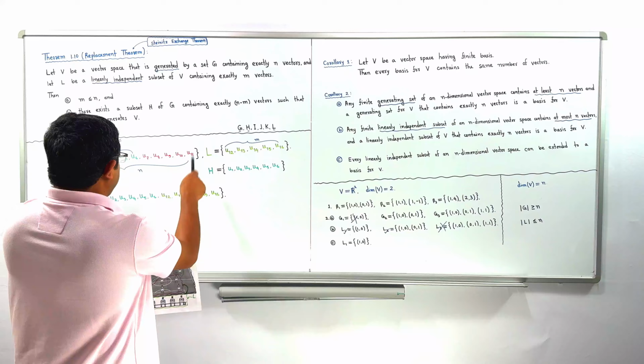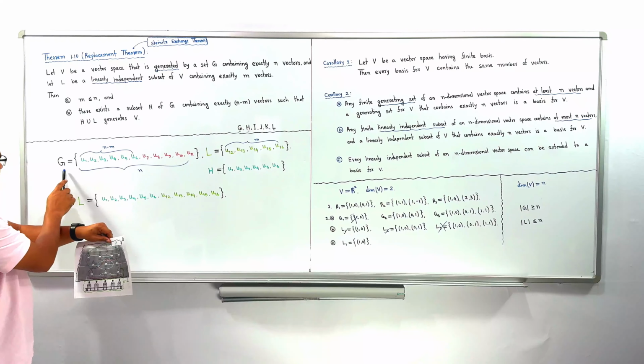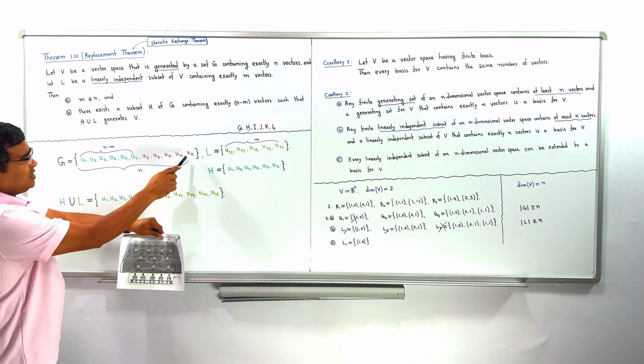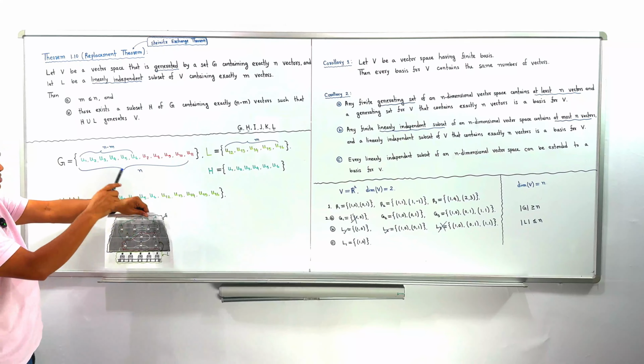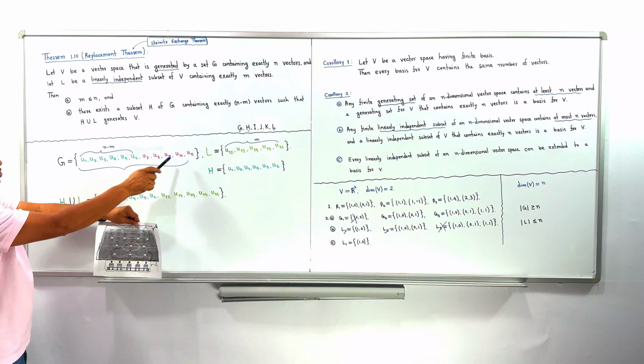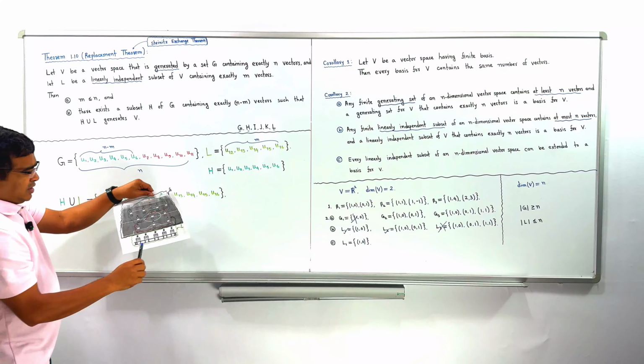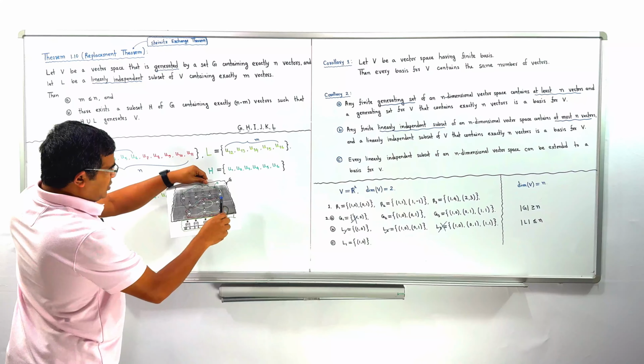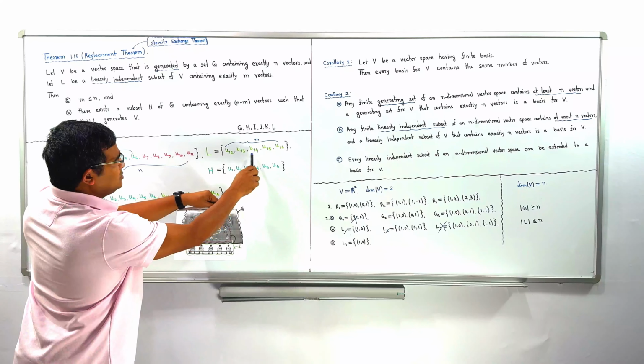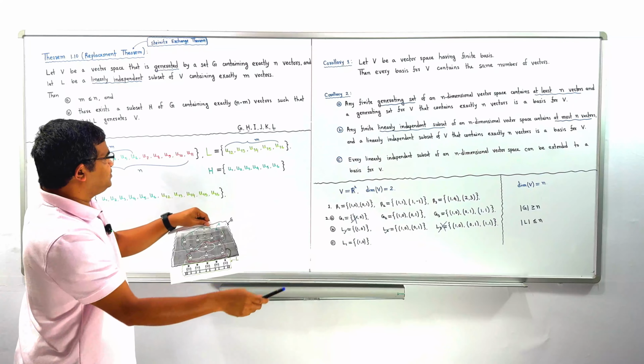So if I write here, G is a generating set, it contains a total of 11 players. Inside the field there are a total of 11 players, 1 to 11, and on the bench we have 5 players available, they are linearly independent.